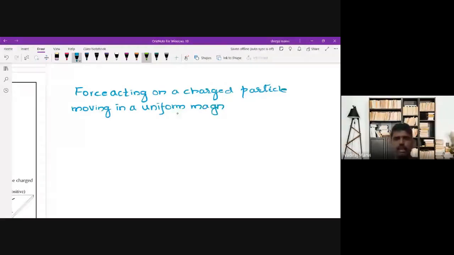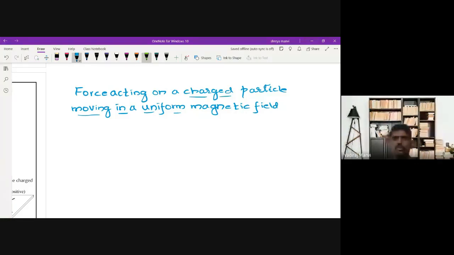So this clearly tells you that whenever I take a charged particle, if this charged particle moves in a uniform magnetic field, it is going to experience a force. So only a moving charge, that's why the name of the chapter, moving charges and magnetism.